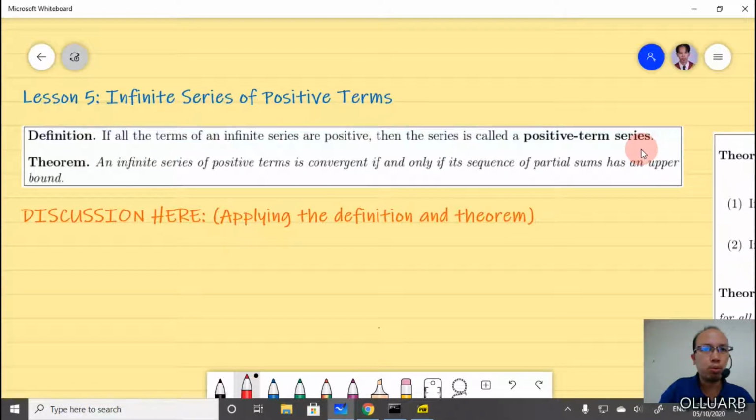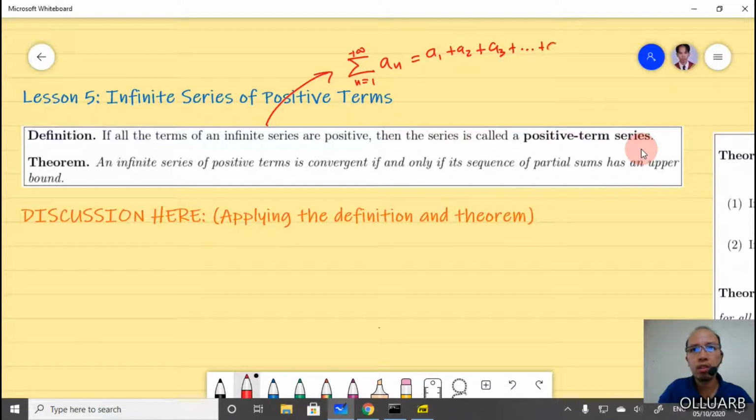To expound this definition, notice that if you are given an infinite series, say this one, and if you expand this, a sub 1, a sub 2, a sub 3 up to a sub n up to positive infinity, what does this definition mean?